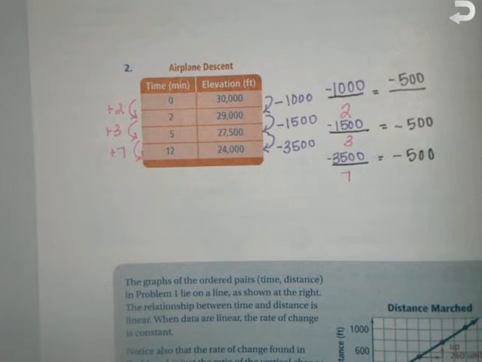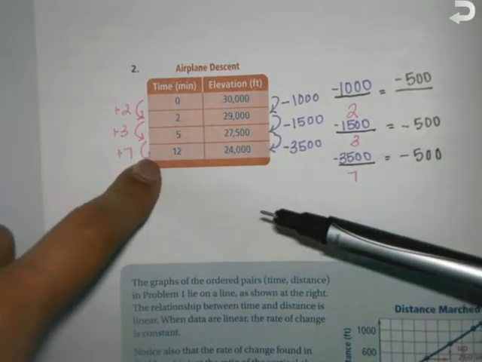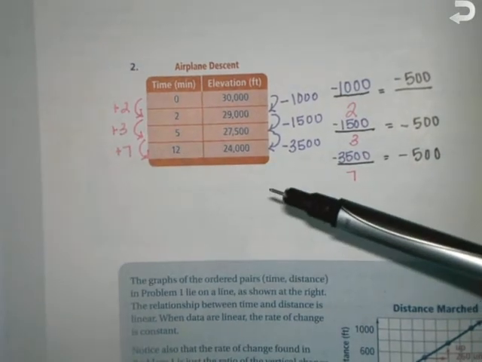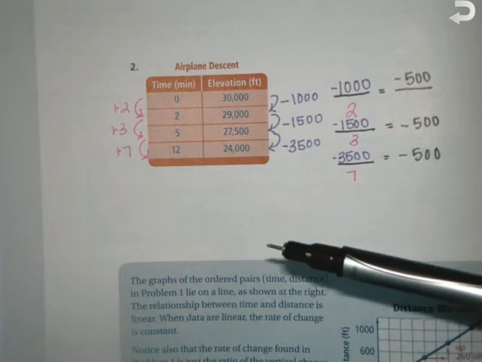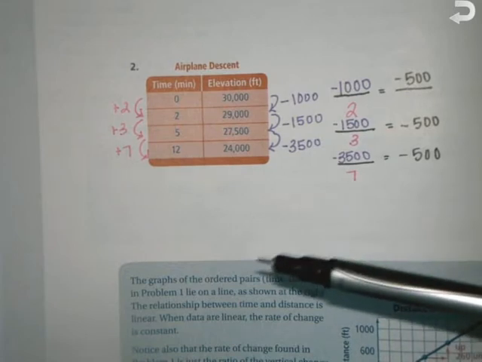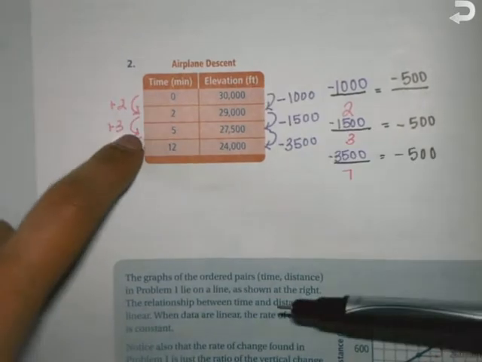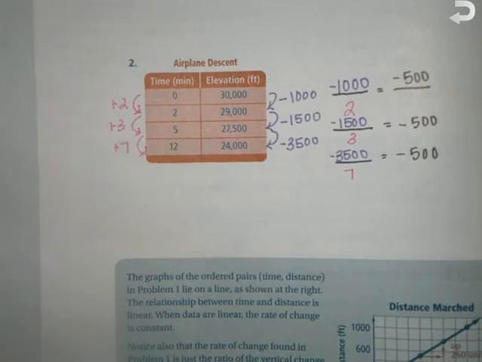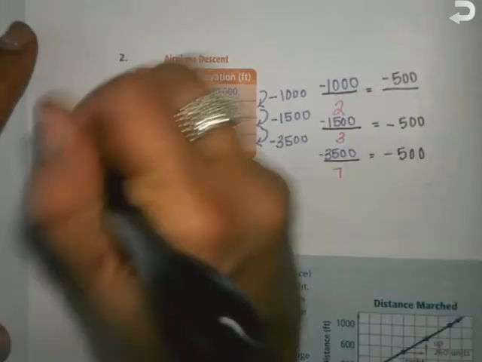Yeah, just because the table gave us information at not consecutive intervals, that doesn't mean that our unit rate of change is not constant. So our unit rate of change is constant.